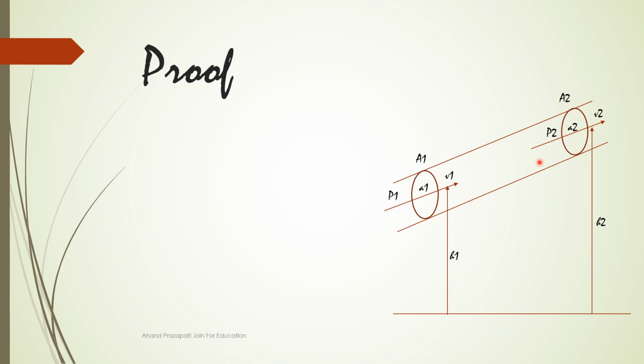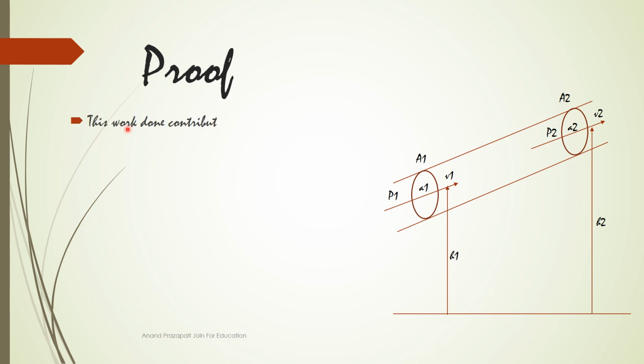Similarly, the gravitational energy at the point A2 of the pipeline will be A2 V2 into the density of the liquid into H2. Let's see the written statement, which makes it clearer.